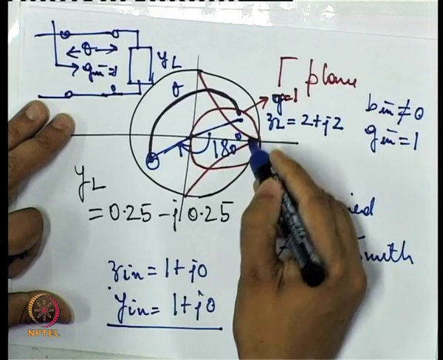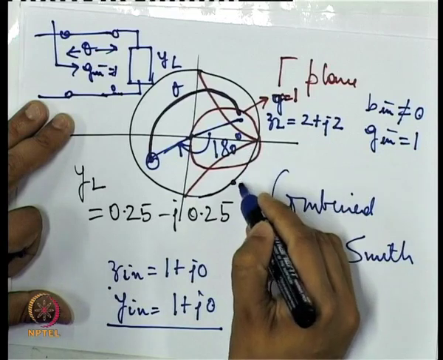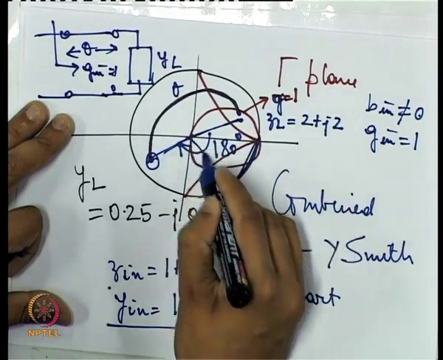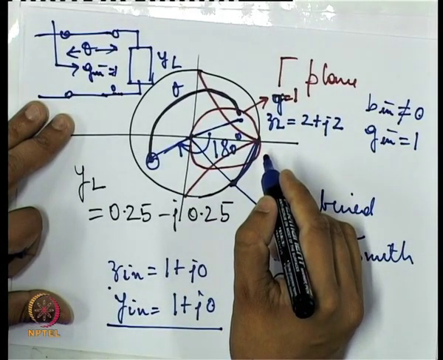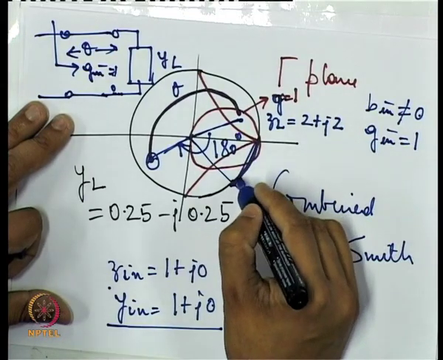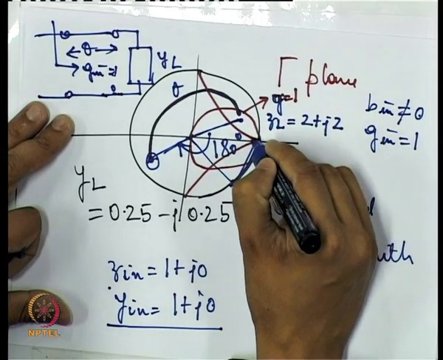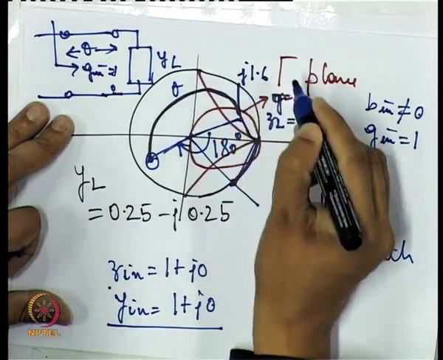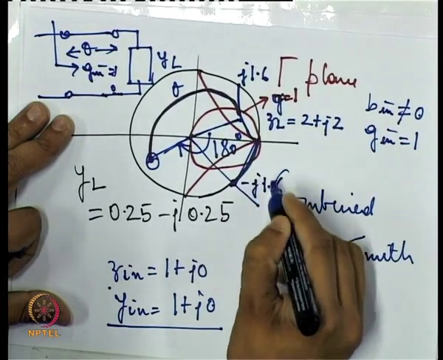To cancel it, I have to have the corresponding negative value of susceptance here. Say in this case the B in value is J 1.6, and this is minus J 1.6.